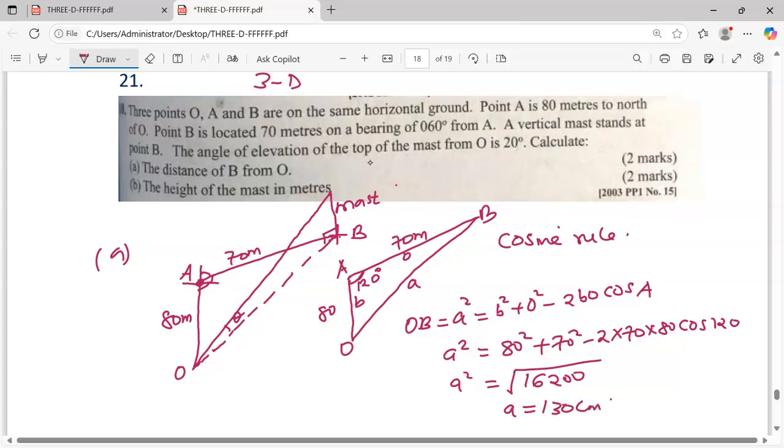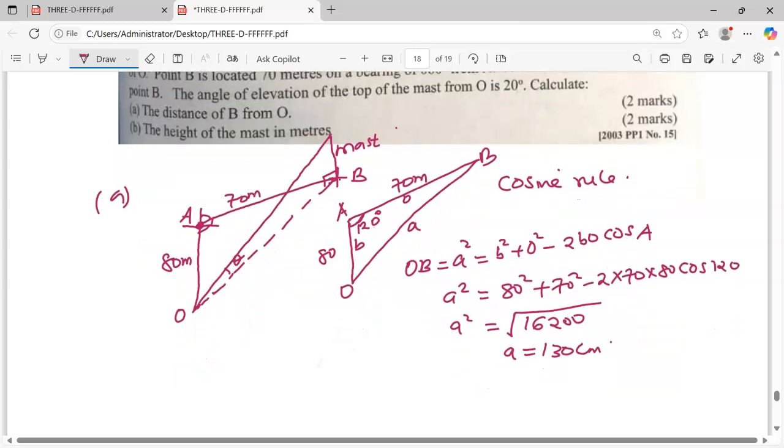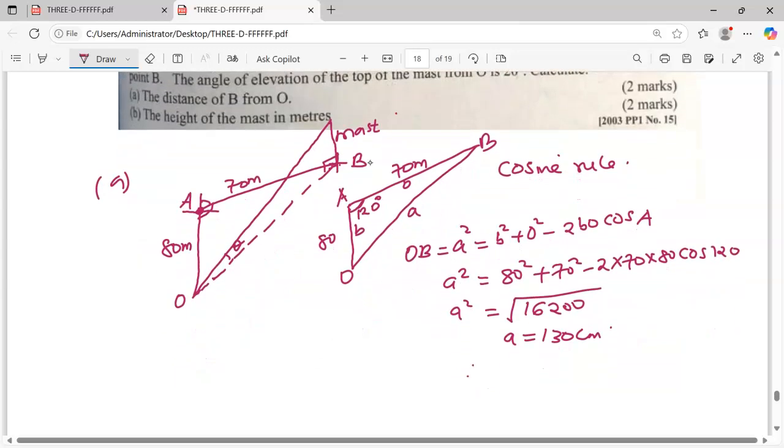That is when you take the square root on both sides. That gives us the distance OB. Therefore, OB is going to be 130 meters.